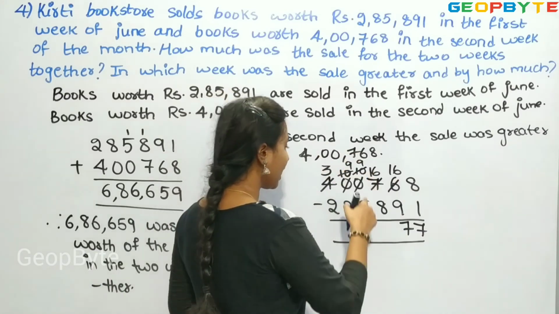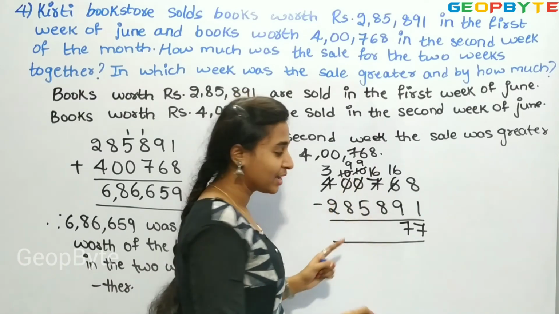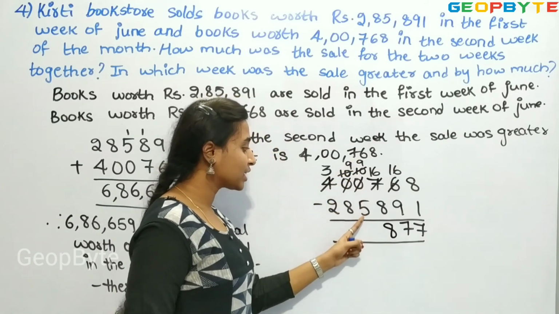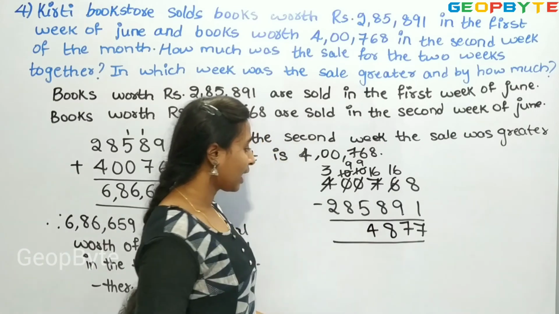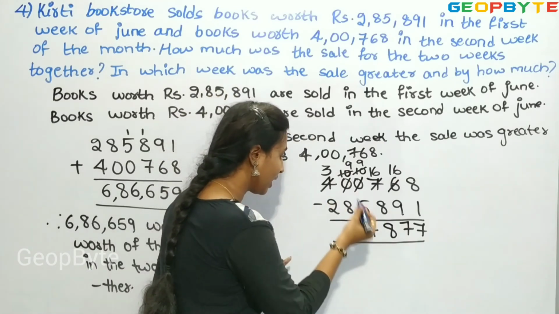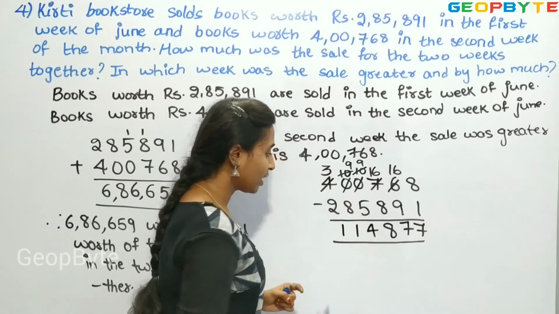Now see, 16 minus 8 is nothing but 8. 9 minus 5 is nothing but 4. And 9 minus 8 is nothing but 1. 3 minus 2 is nothing but 1.